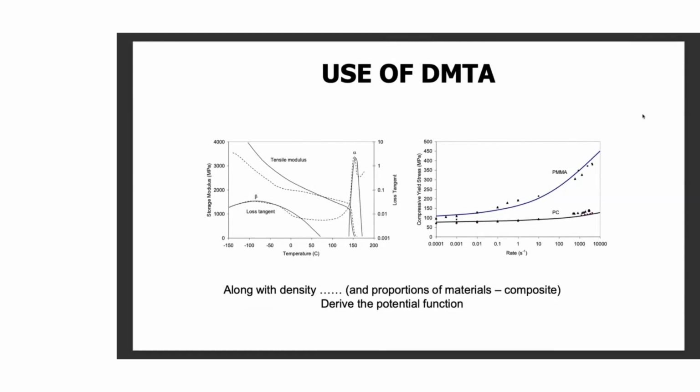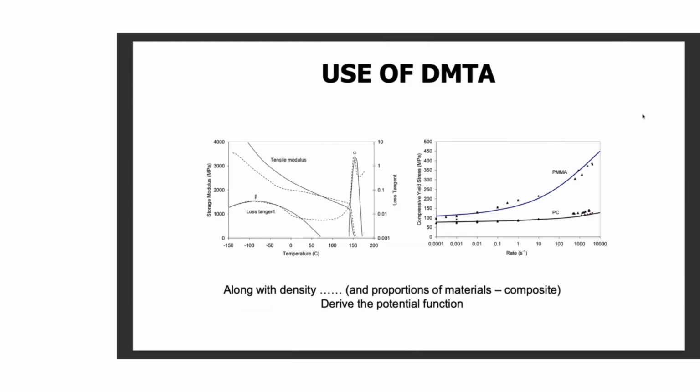Along with density and composition, you can derive a potential function. And on the right, what we have is strain rate versus yield stress, with the dots being the experimental measurements and the lines being the model's prediction. So that's reasonably good.